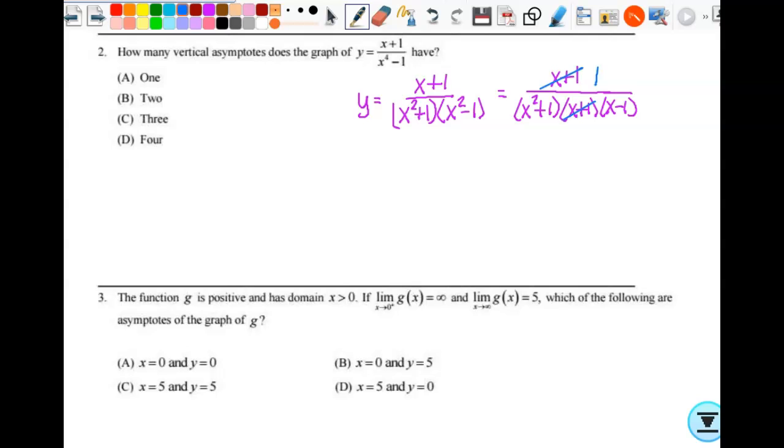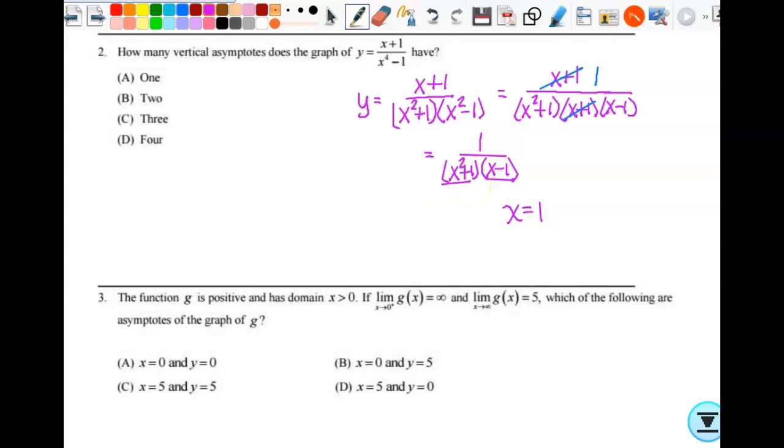So that means what I'm left with here is 1 over x squared plus 1 times x minus 1. I get my vertical asymptotes from when the denominator is 0. So I know I get a vertical asymptote here at x equals 1. That's 1 from there. Does x squared plus 1 give me any vertical asymptotes?